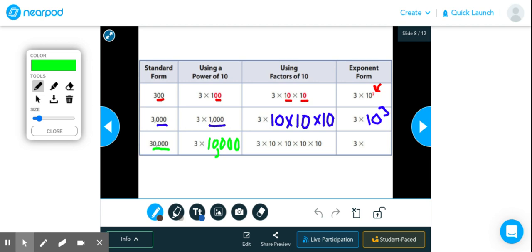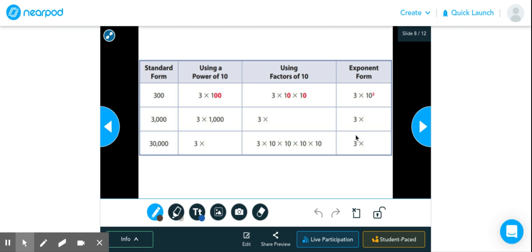Well, if there's 4 zeros that we've used in those first 2 columns, that means there should be 4 tens in the next column. Let's check. 1 ten, 2 tens, 3 tens, and 4 tens being multiplied by the digit 3. And finally, in that last box, I have 10 to the power of 4, or 10 to the 4th power.